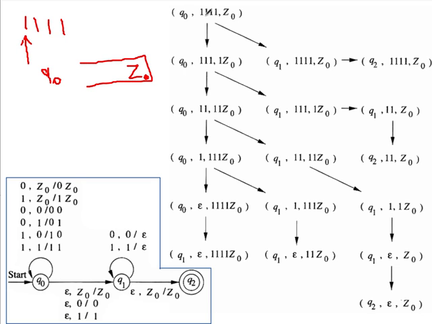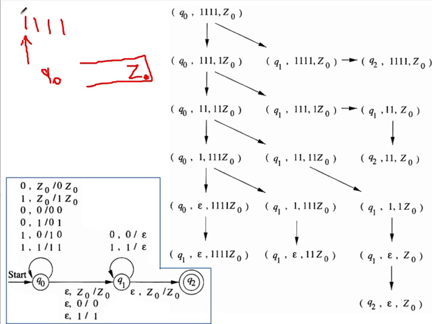See, the remaining input is still 1111 because we haven't processed anything, because there is an epsilon transition. The state has changed, and Z0 is replaced by Z0, which means the stack is not changed at all. On the other hand, if we are taking this transition, we have to match this thing.